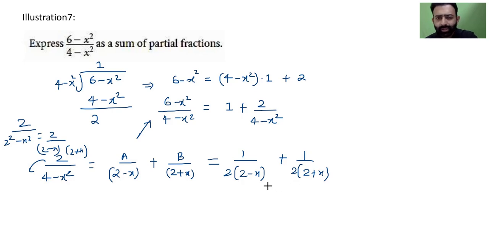You can simplify this. This is 2 plus x plus 2 minus x, that will be 4 upon 2 minus x, and 4 divided by 2 is 2, so you will get 2 upon 2 plus x and 2 minus x. Perfect, right? So this is how you can separate this algebraic fraction into a sum of two partial fractions. One is 1 upon 2 times 2 minus x, the second is 1 upon 2 times 2 plus x.